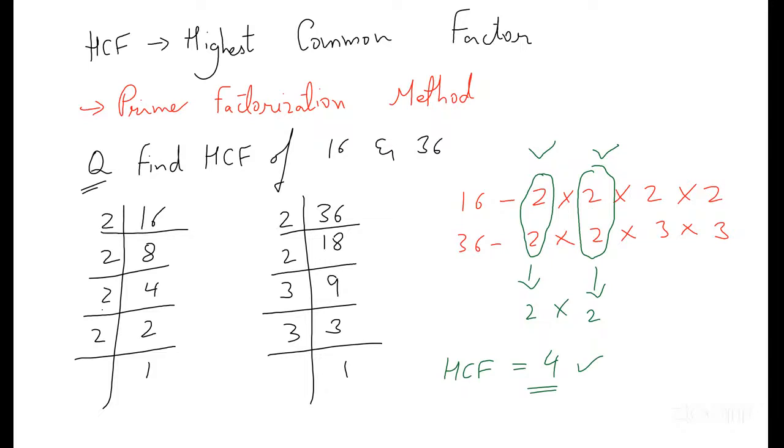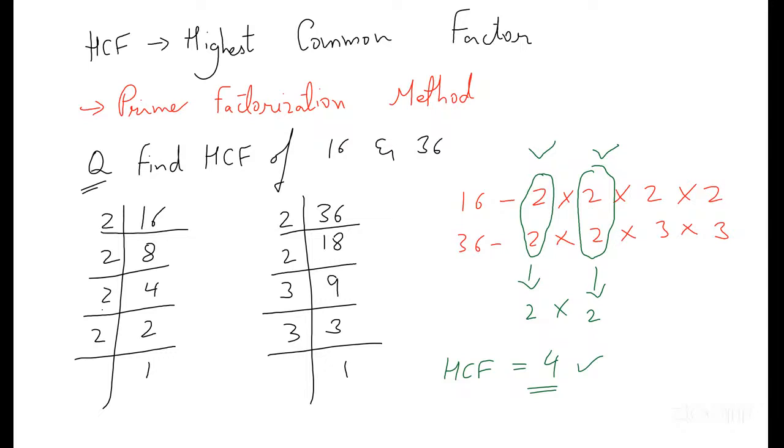What I did: first step, do the prime factorization of both numbers and find out all the factors. Second step, write down the factors. Third step, make pairs of those factors coming in both. If 2 is coming in both, make a pair. If 3 is coming, make a pair. If 2 again is coming, again make a pair.